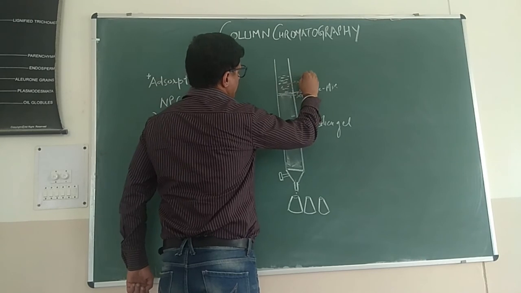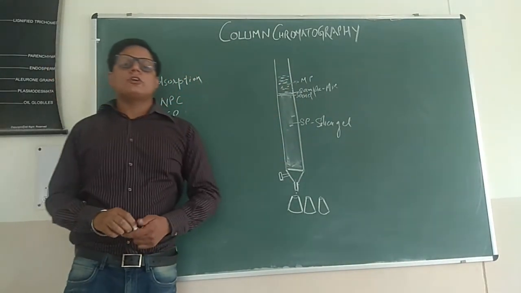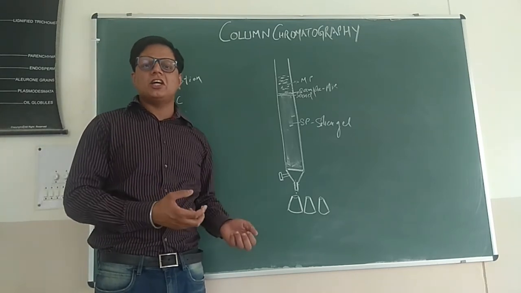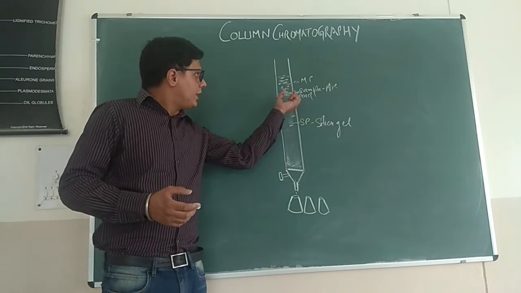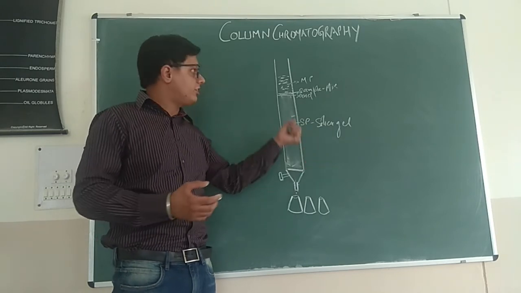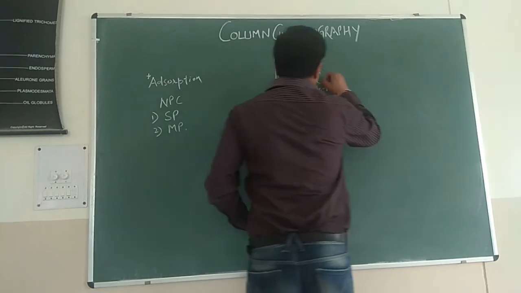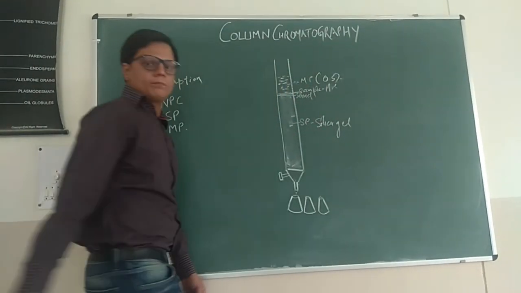In column chromatography, we generally use an organic mobile phase like chloroform, methanol, ethanol, ethyl acetate, benzene, toluene. It all depends upon the sample that you have to analyze, identify, purify, or isolate. So the mobile phase is your organic solvent.